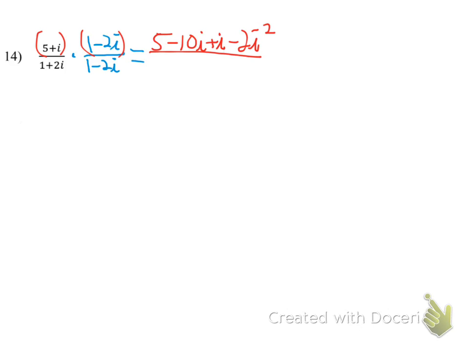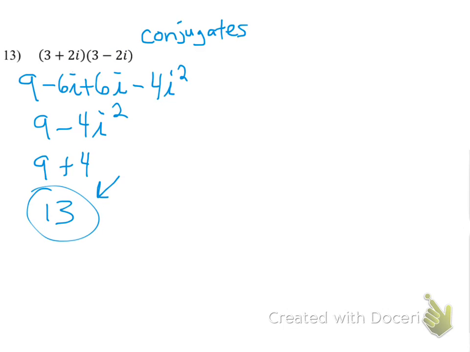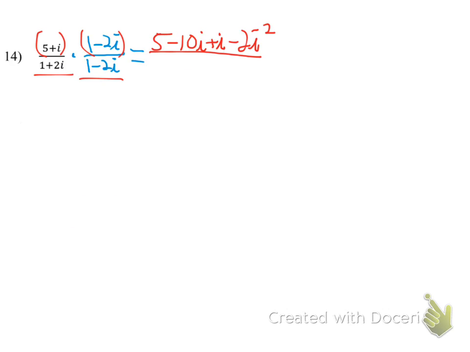All over, when we are multiplying conjugates, we are foiling, but we don't have to do it because we know the middle parts will cancel out. Just like here in number 13, these cancel out. So all we really need to do is multiply the firsts together, which is 1 times 1. So we get 1. And then the last parts together, 2i times negative 2i, which is a minus 4i squared.